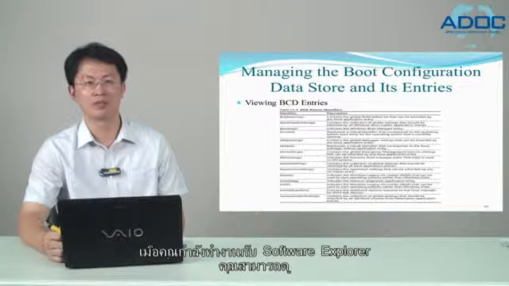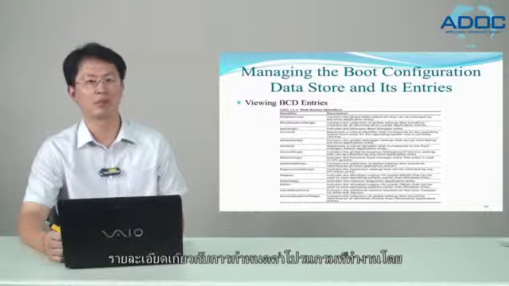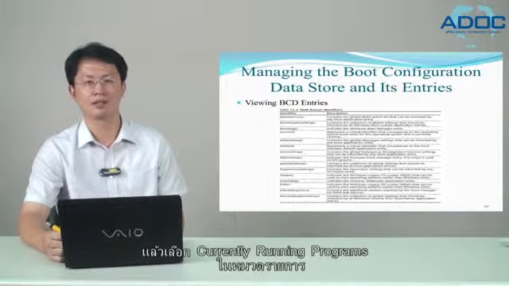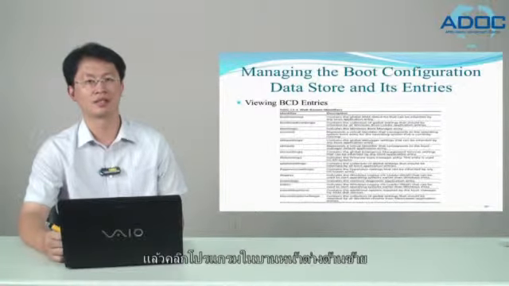When you are working with Software Explorer, you can view details about running programs by selecting Currently Running Programs in the category list and then clicking the program in the left pane.